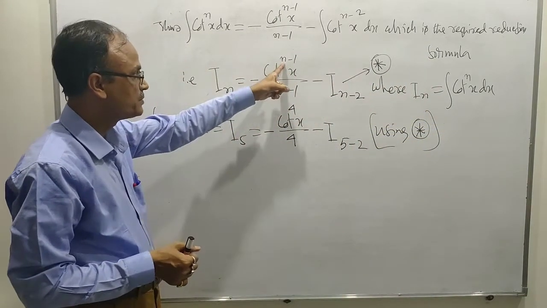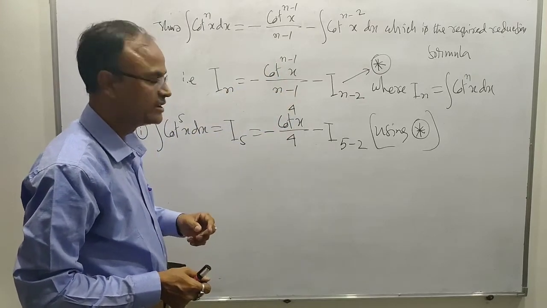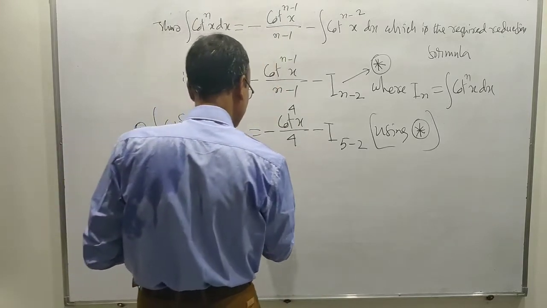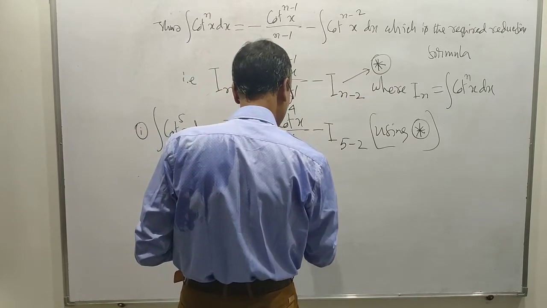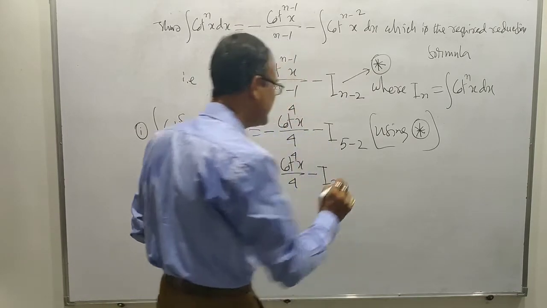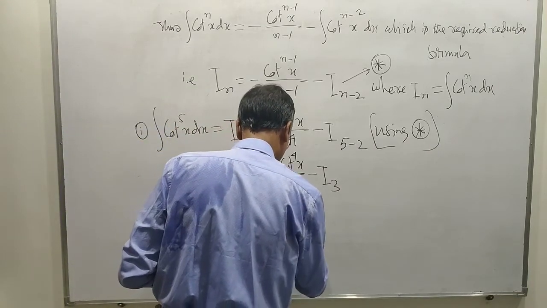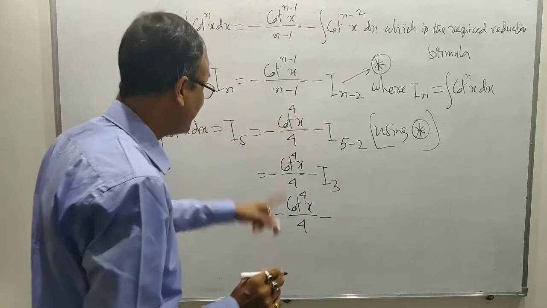Put n equal to 5, it will be cot to the power 4 in the numerator and in the denominator you will get 4, minus I_3. This is equal to minus cot to the power 4 x divided by 4 minus I_3.